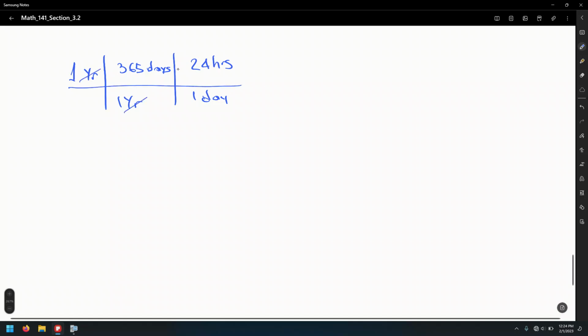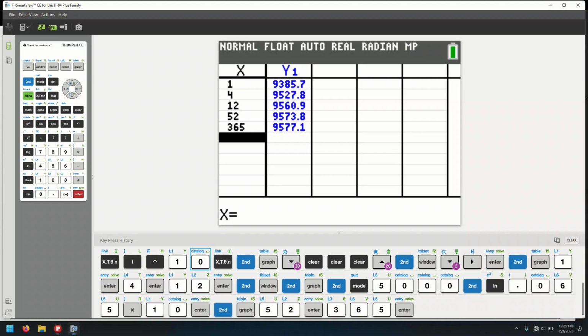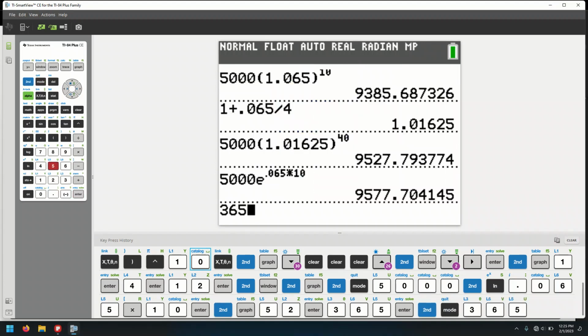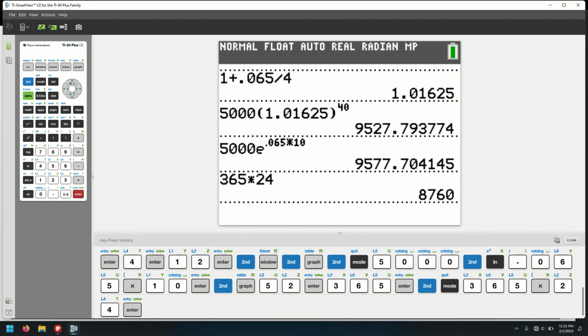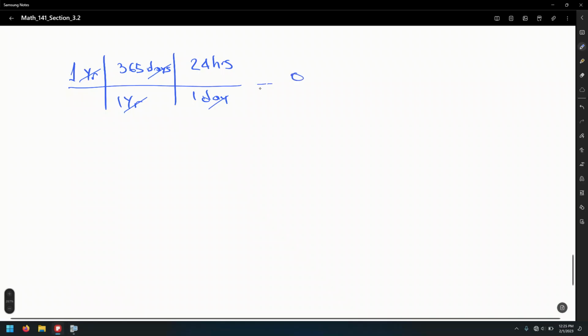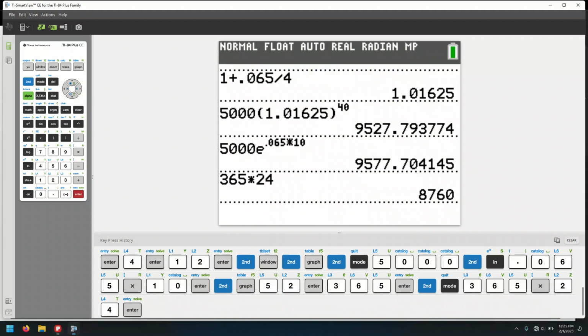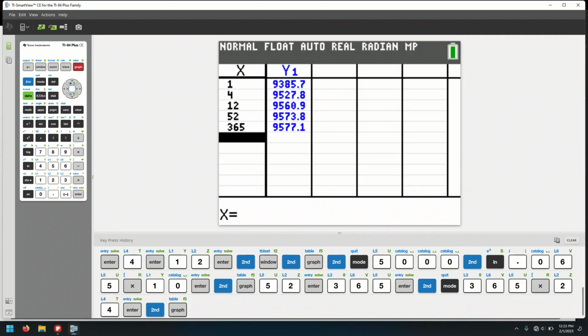Cancel units, and the final result is going to be hours. So 365 times 24, essentially. 365 times 24, big number, 8760 hours.